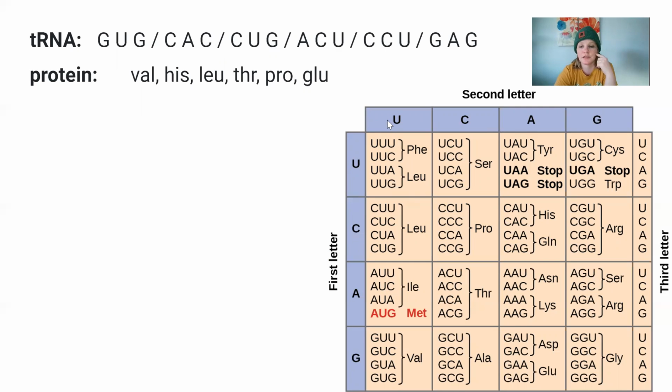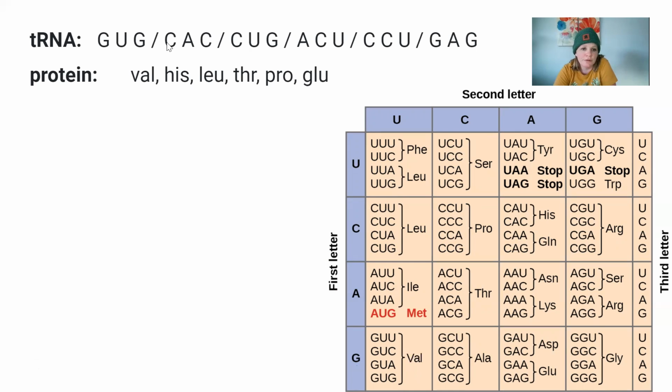And so our second letter is U. So we're going to be down here in this section of this chart. And then our third letter, that information is over here on the right. And so for us, it is G. And so now we have the amino acid valine. And that's the first one in this particular sequence.